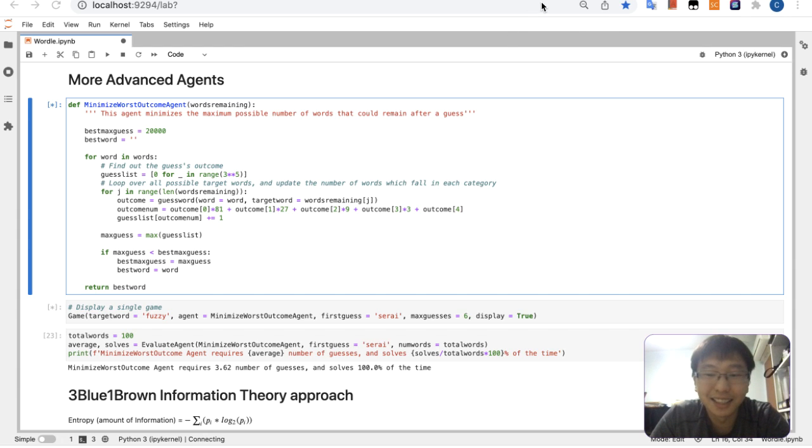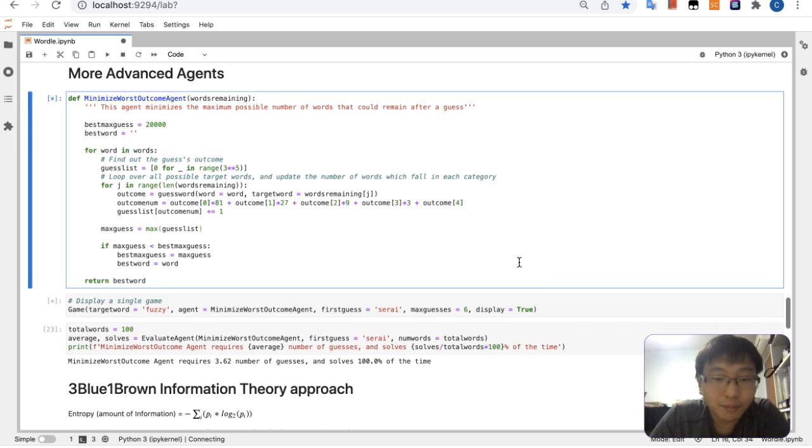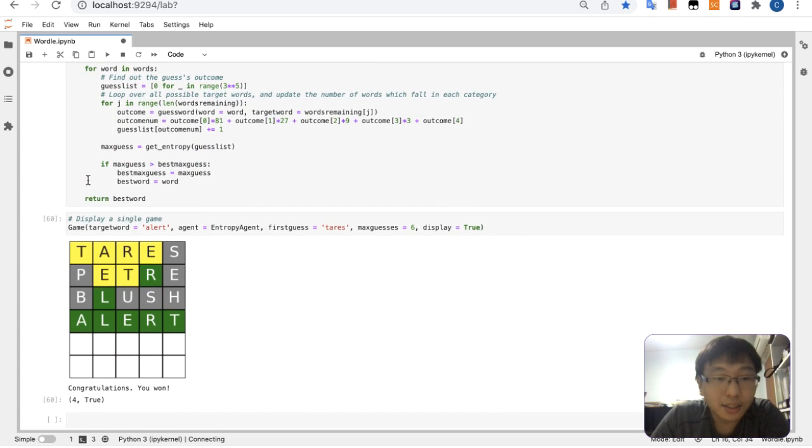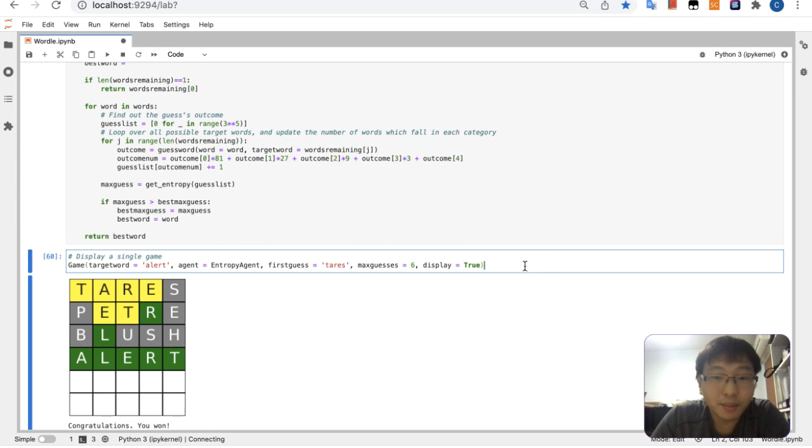Yeah, this is the problem with remote GPUs, I guess. But it looks like the entropy agent does perform better most of the time. Okay, it does look like it's performing better.